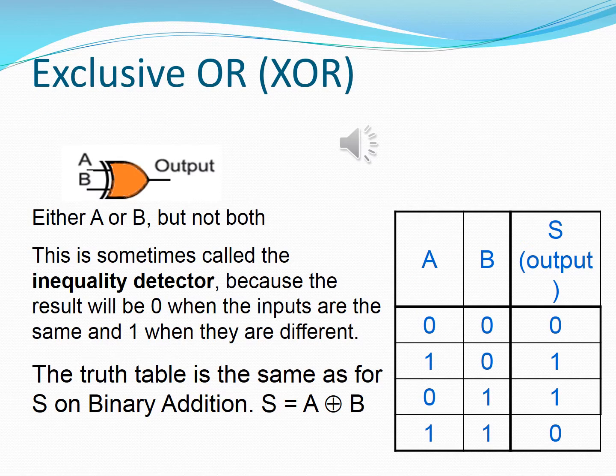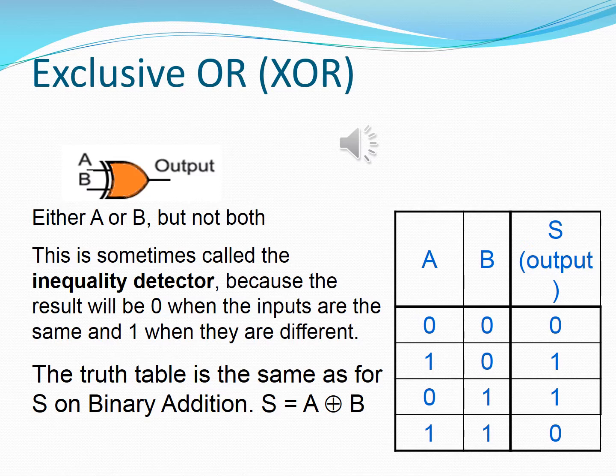Exclusive OR, XOR. The exclusive OR symbol looks like the OR gate, except that there is an extra line in front of the OR gate. So either A or B, but not both.